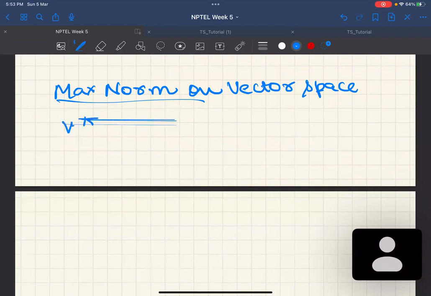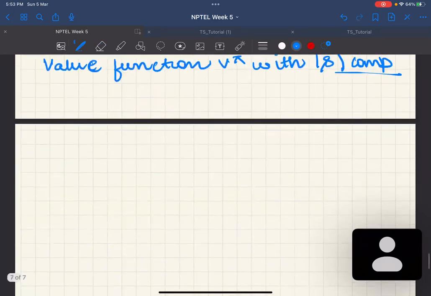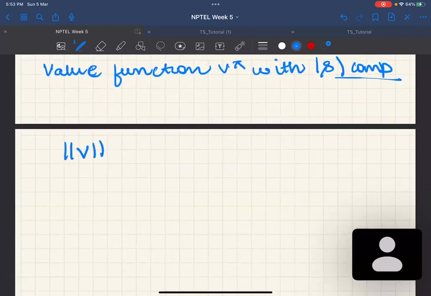I'm taking the value function v pi as the vector space with S components, and having the max norm on the vector space. Max norm means supremum, maximum size.